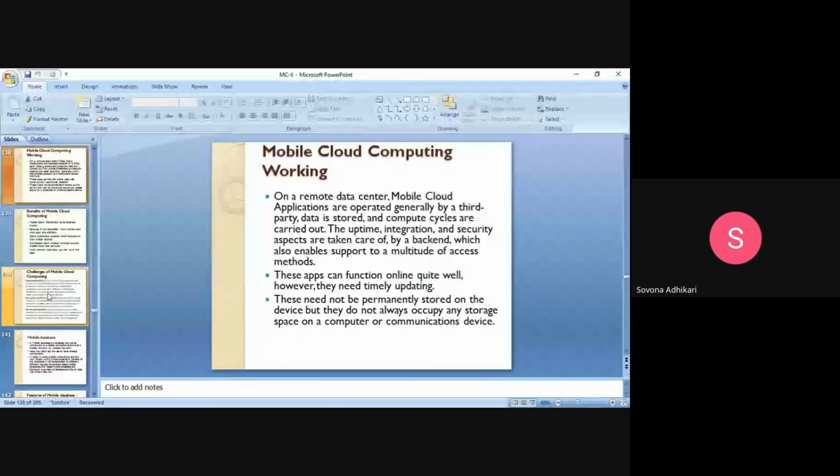Mobile cloud applications are generally operated by a third party on a remote data center, where data is stored and compute cycles are carried out.